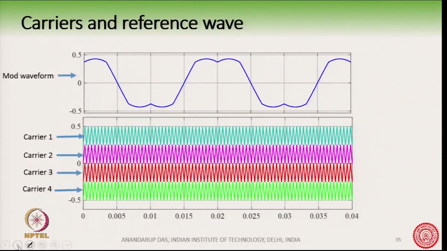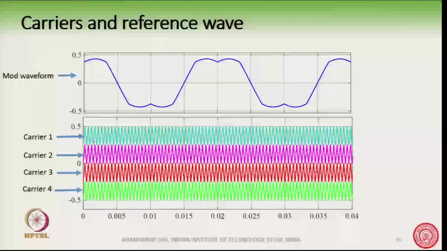Which means that if this is the modulating waveform, its total height is 1, then the height of each carrier is 1 by 4 or 0.25. Basically, the idea is that the carriers should span the entire waveform.